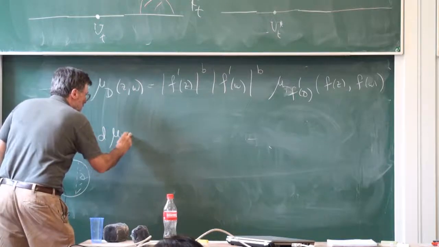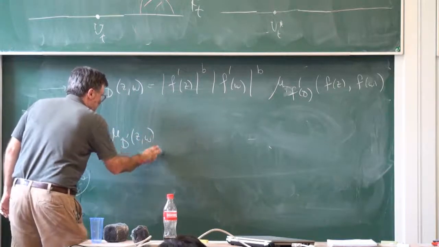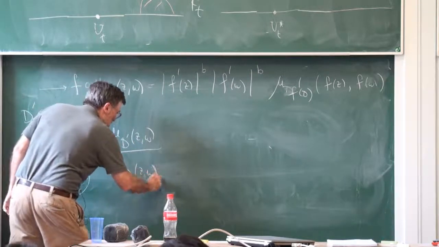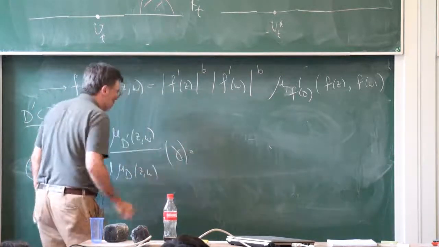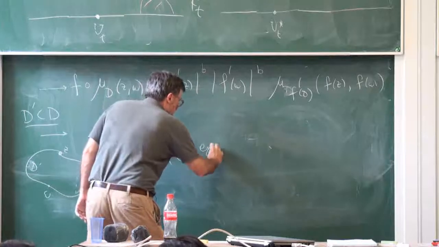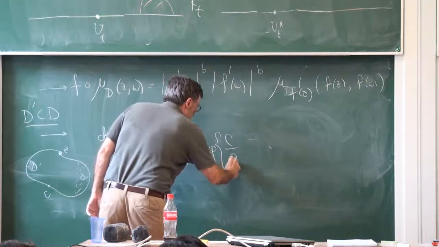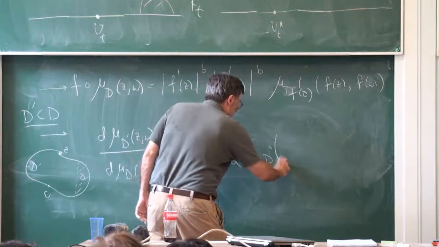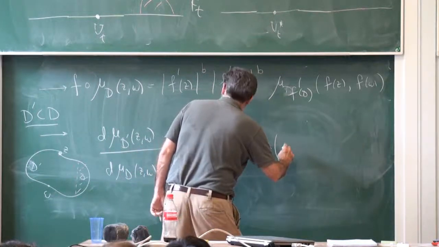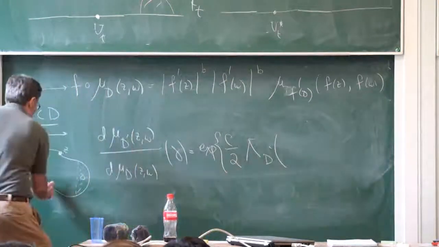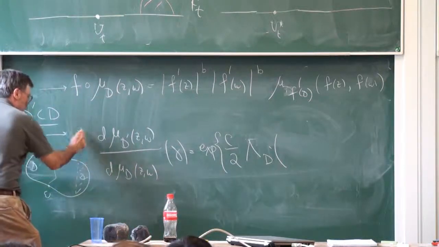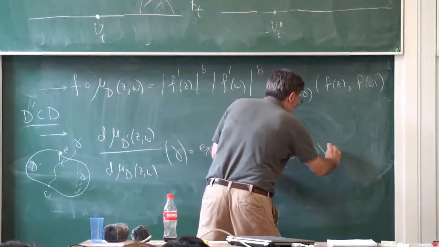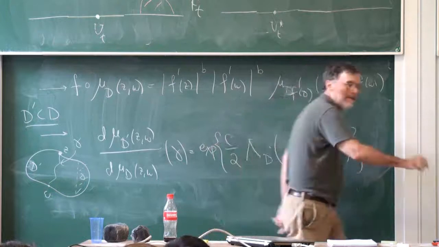Then dμ_{D'}(z,w) over dμ_D(z,w) of gamma is equal to e to the c over 2 times the Brownian loop measure in D of loops that hit both gamma and D minus D prime.